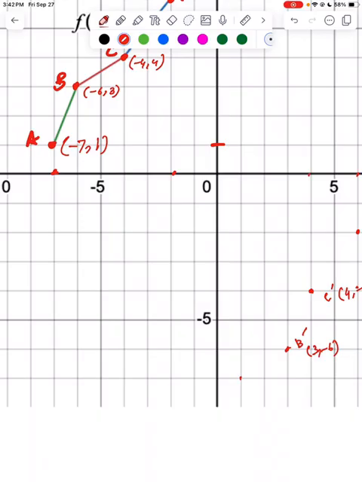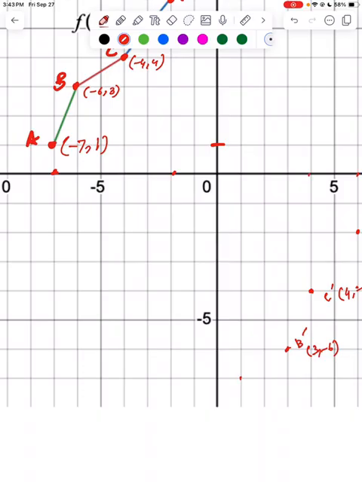Sorry, okay. So the negative 6, 3 becomes, also, sorry, I think we got this one correct.